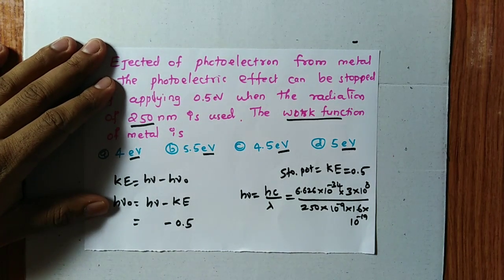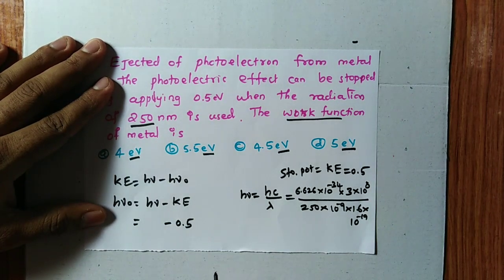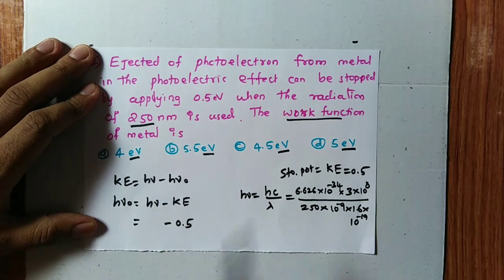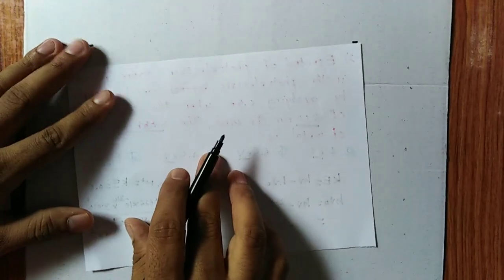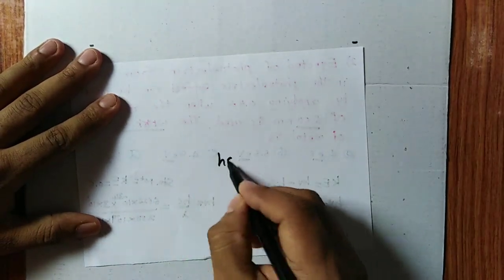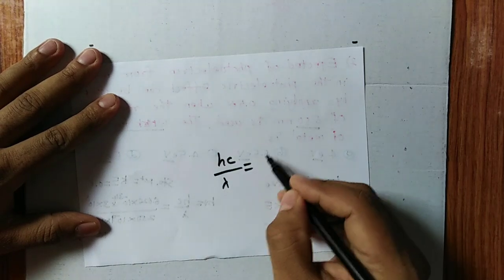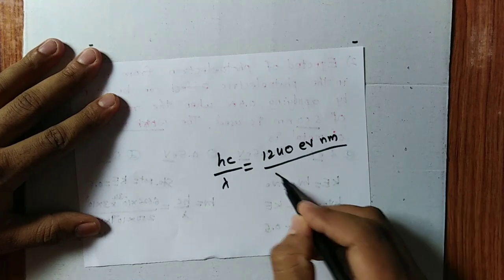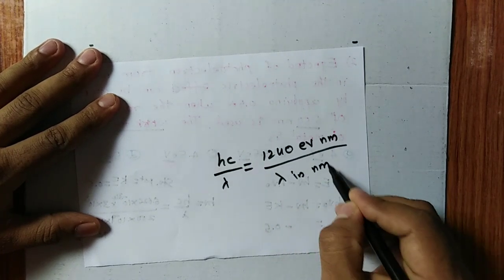So always remember this one shortcut I will tell you. For this hc value, whenever the value is to be given in electron volt, always remember that hc by lambda is 1240 electron volt nanometer divided by lambda in nanometer.